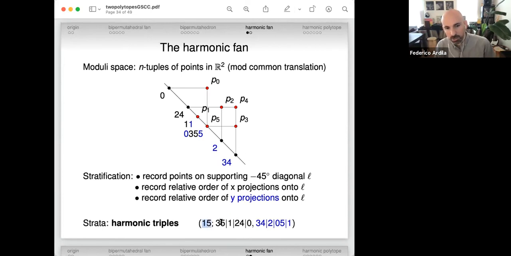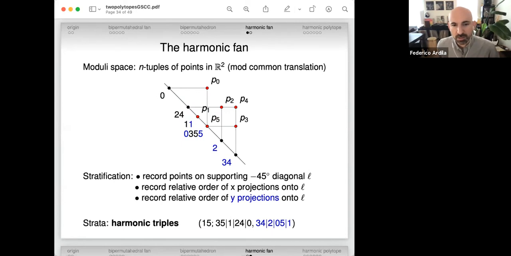I record the order of the blue points and the order of the black points. Okay, so the order of the blue points is 3, 4, 2, 0, 5, and 1. And the order of the black points is 3, 5, 1, 2, 4, and 0. Okay? And I'm going to call that a harmonic triple, and I will explain why that's called a harmonic triple later.